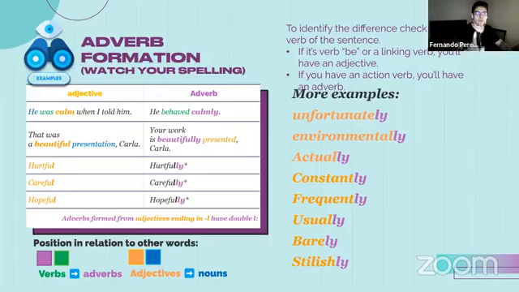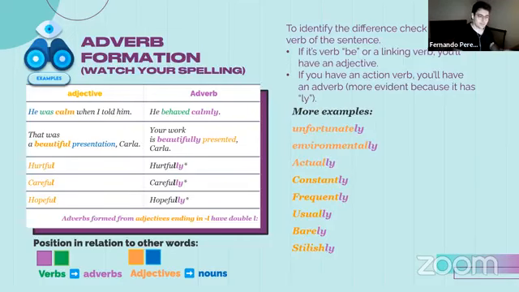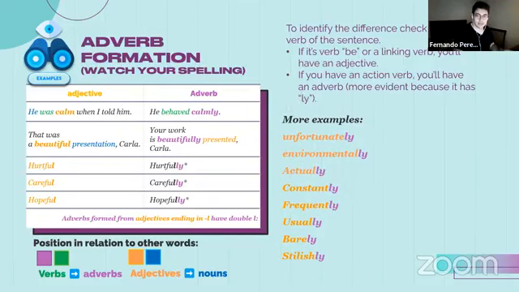It's more evident because it has the suffix ly. Because you have the suffix ly, now you can understand which is which. The difference is in the verb. That's the most important part. Got it?